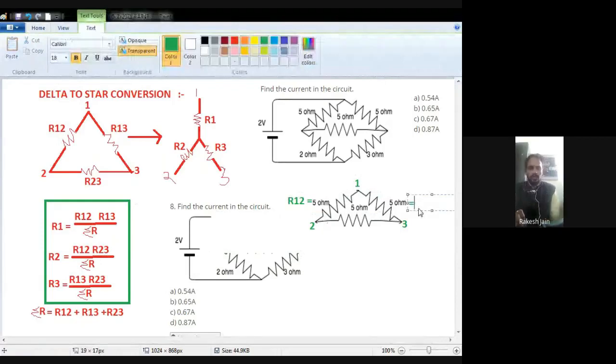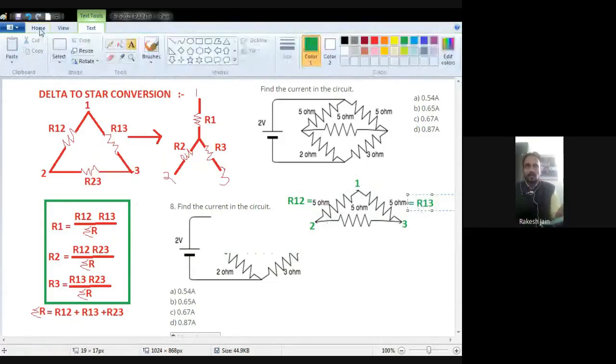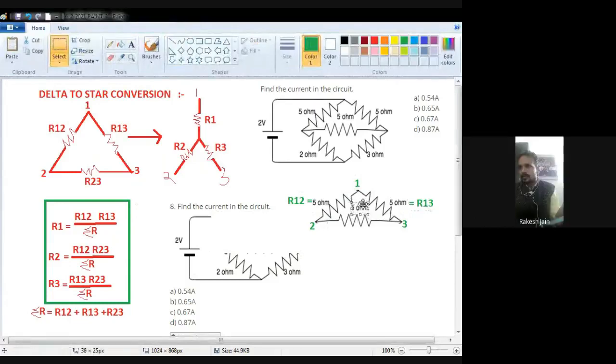According to your theoretical analysis, you know that a resistance which is connected between first and second, you give it the name R12. So here R12 is 5 ohm. This one is connected between first and third, that's why the name is R13.